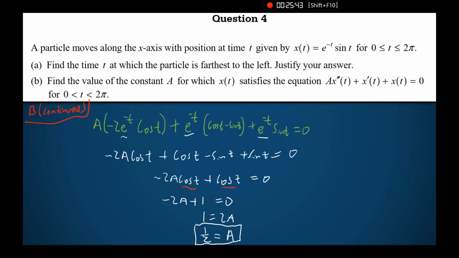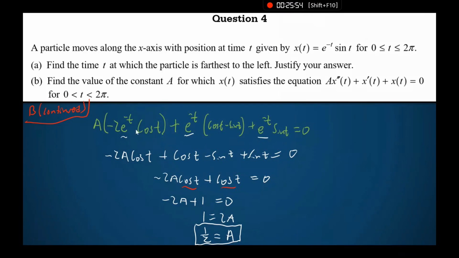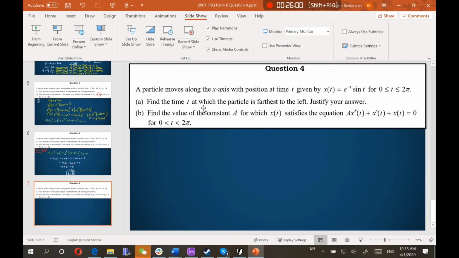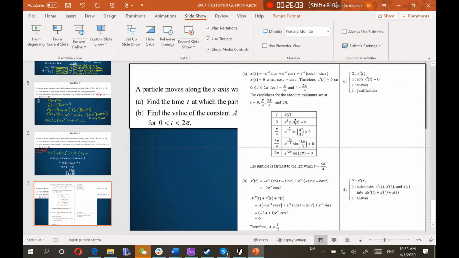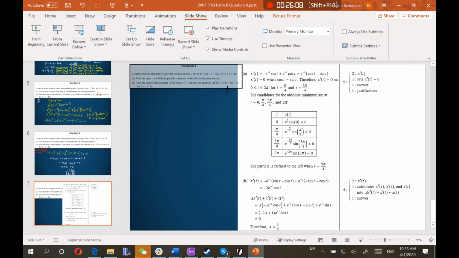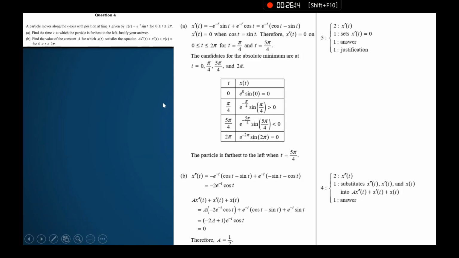Okay, I'm going to take a look at the scoring guide really quick. For part A, we've got 2 points for x prime of t, which we got for our derivative.